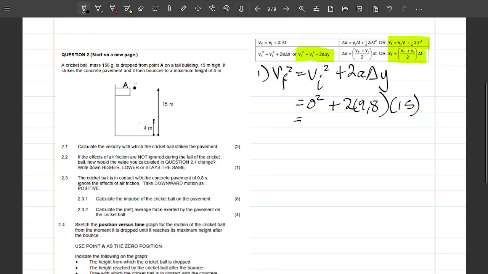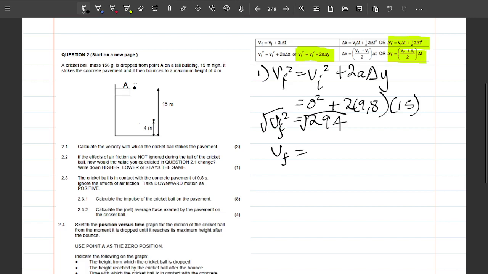So I get 294. However, this is still vf squared, so I still need to play around with it because I have vf squared on this side, so I need to square root both sides, so I'll end up having the actual vf.